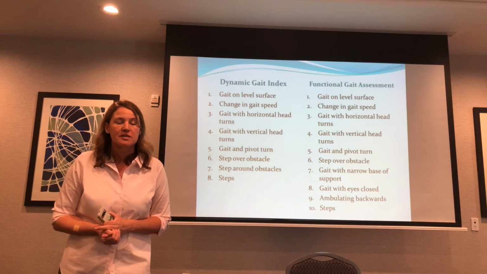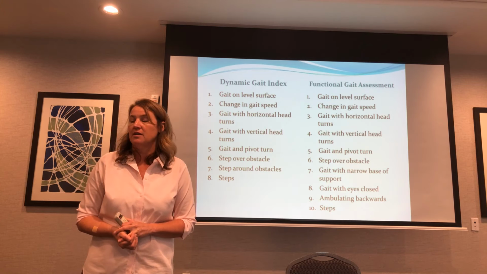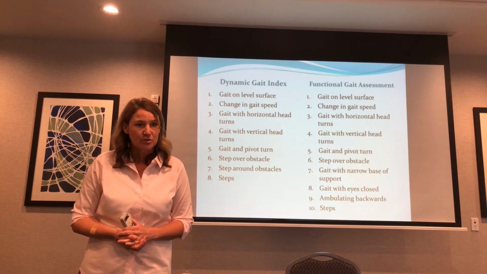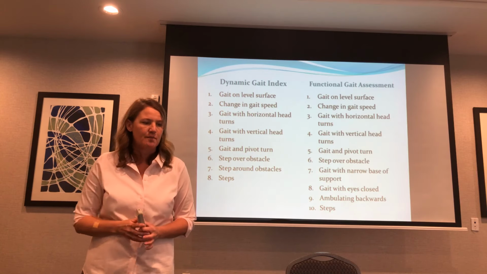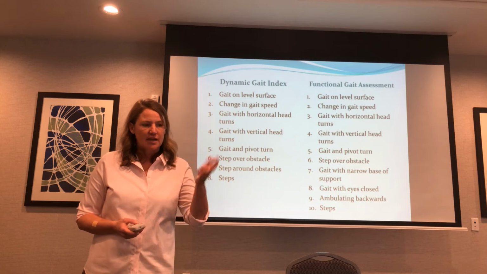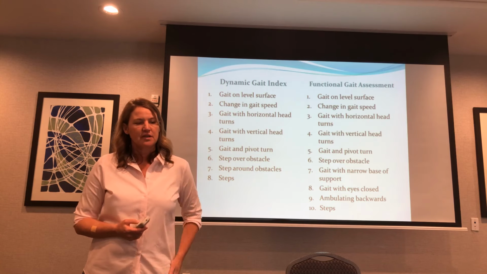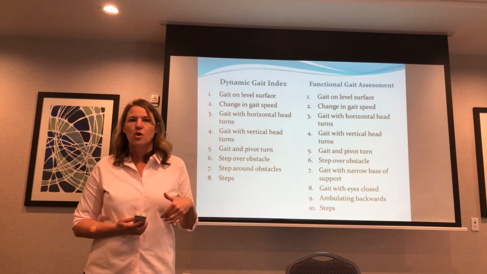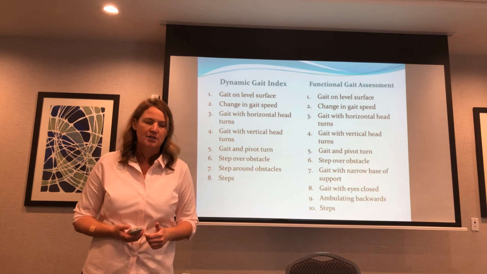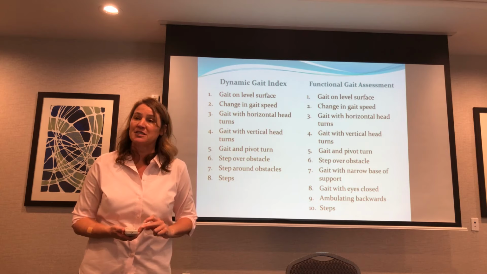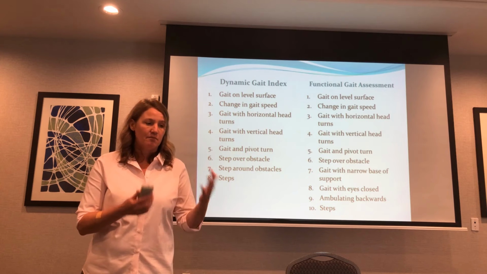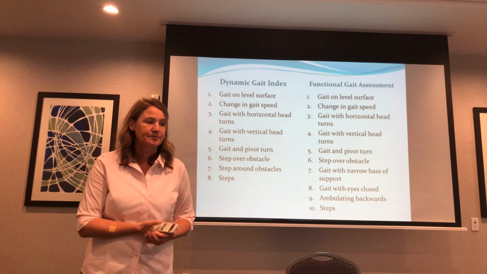Walking backwards is also something very helpful, and looking at the speed in which they do it, the direction they go, any kind of disorientation they may get. So again, the functional gait assessment, and then there's steps. They eliminate one, but then they added a couple more measures. So this can be great for your functional ambulators, the ones that might have some vestibular hypofunction, help you capture that.